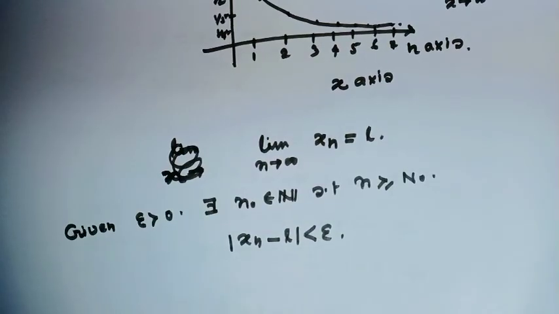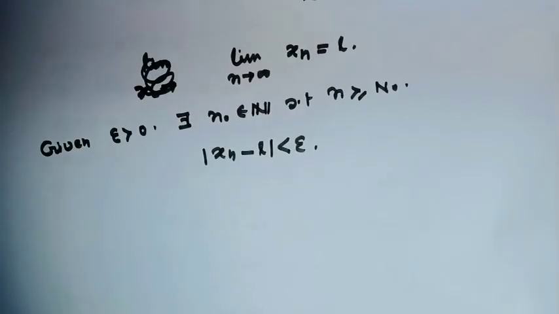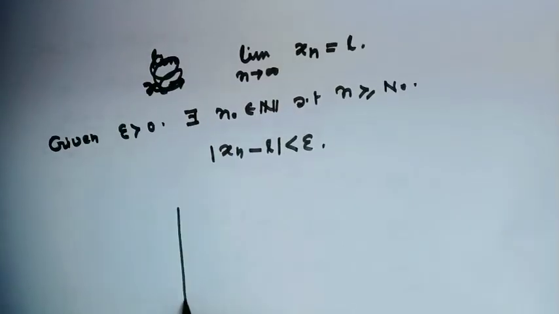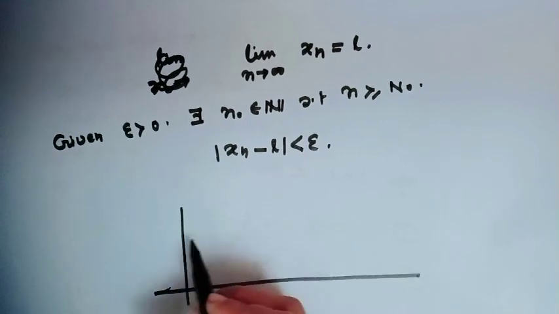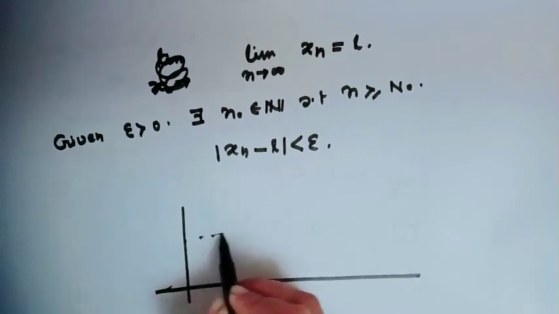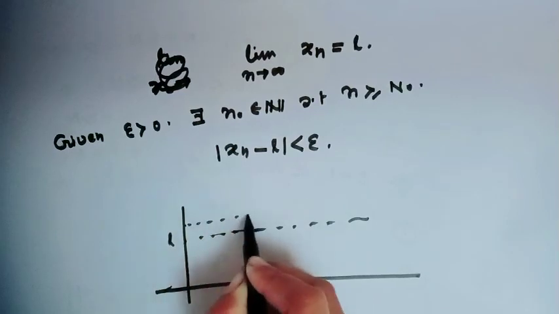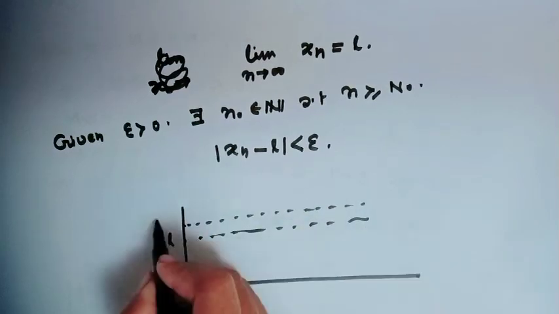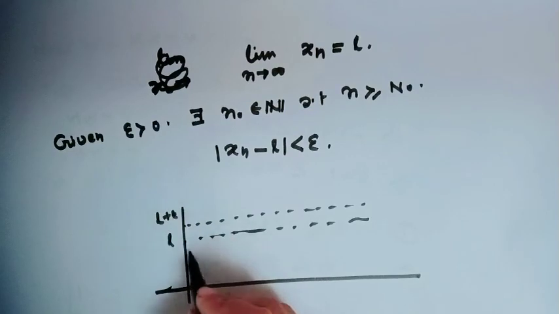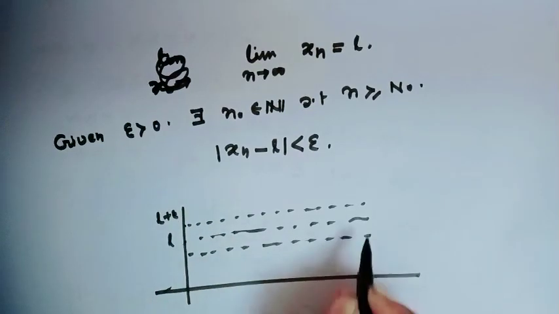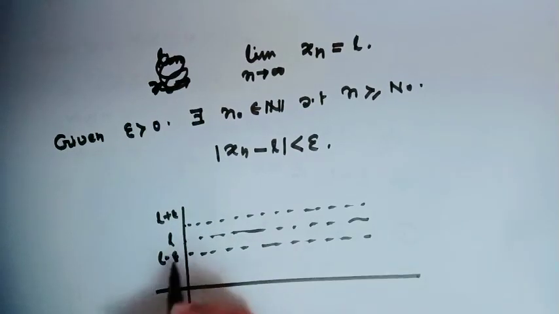Okay, let's see the picture. This is L, this is the epsilon band, that means this is L plus epsilon, this is L minus epsilon.